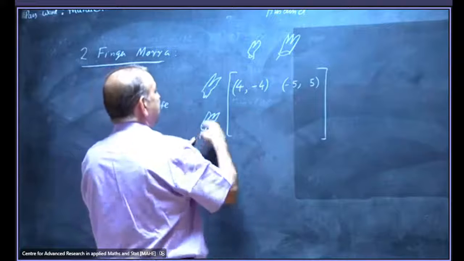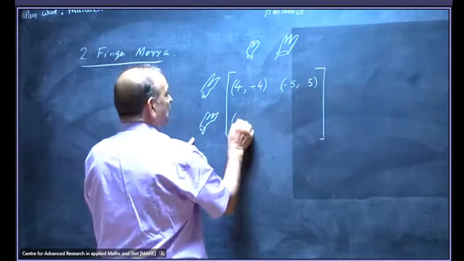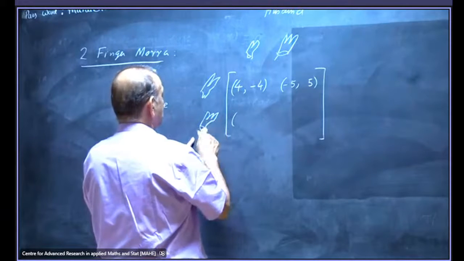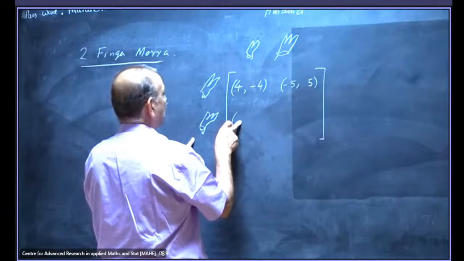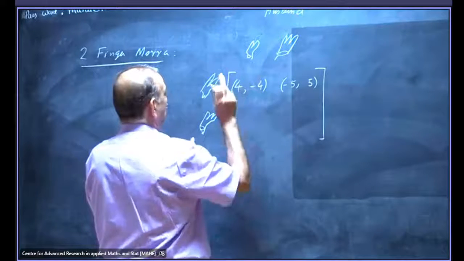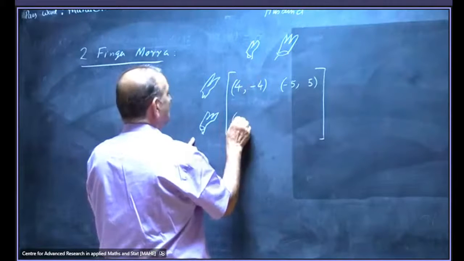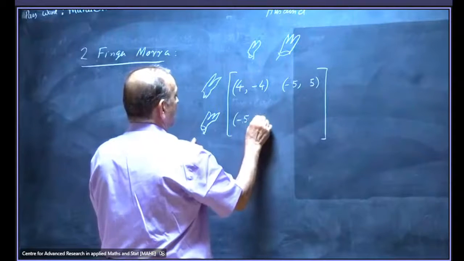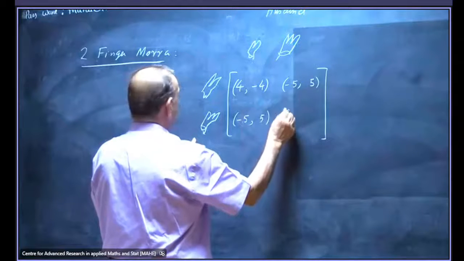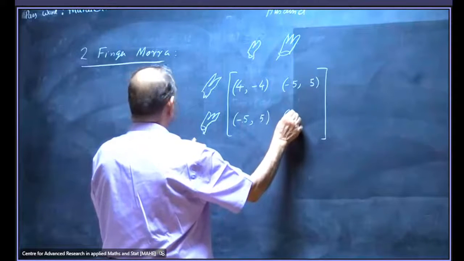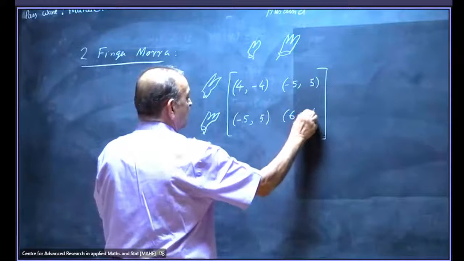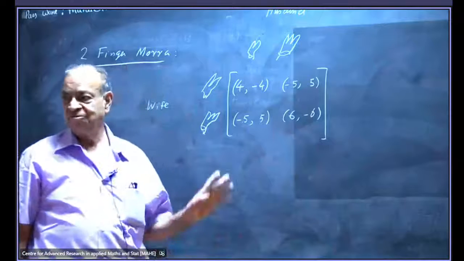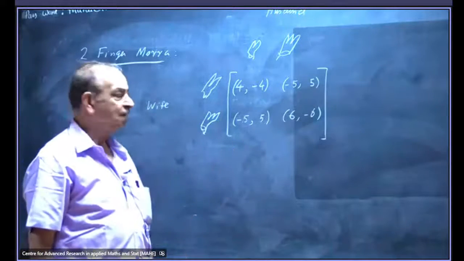Now the same way, 3, 2: the first one is for the wife, the second one is for the husband. So this one will be 5, -5. This one will be, wife gets 6, husband gets -6. Are you with me? So that is the game.